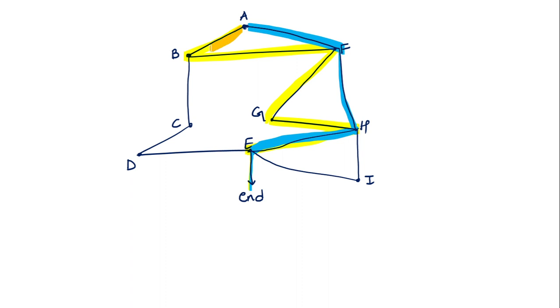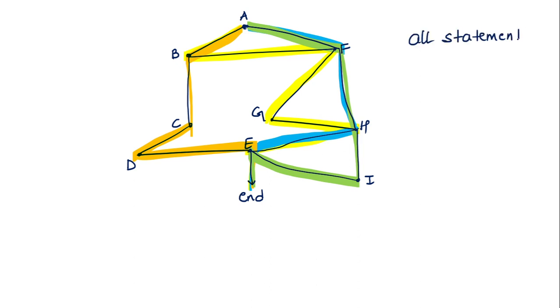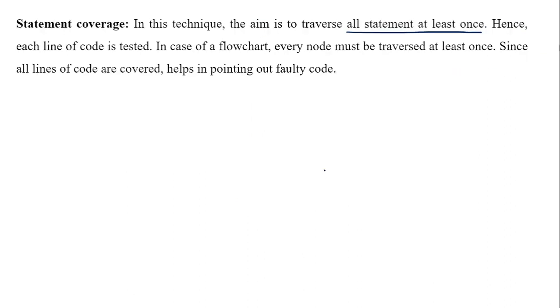Next can be you visited this part, then this part, then this, and then this. And the last option can be that you visited these parts and reached over here. So you can see that all the statements have been traversed at least once. So statement coverage says that all the statements have to be traversed at least once.